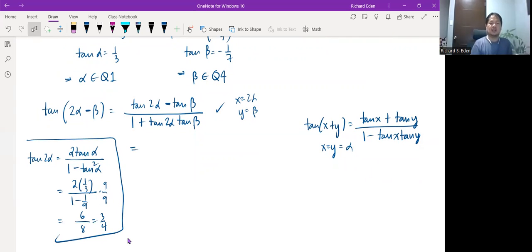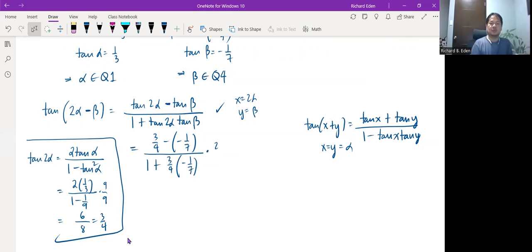So going back here to tangent of 2 alpha minus beta, we have 3/4 minus negative 1 over 7, over 1 plus 3/4 times negative 1 over 7.